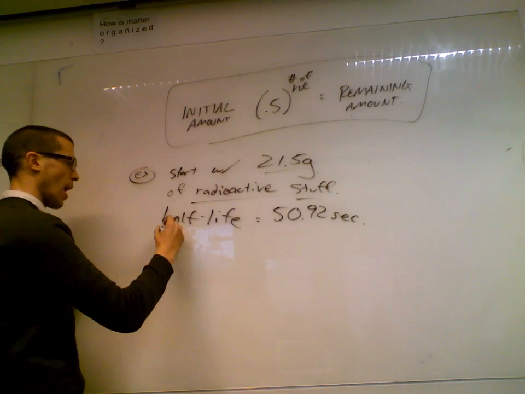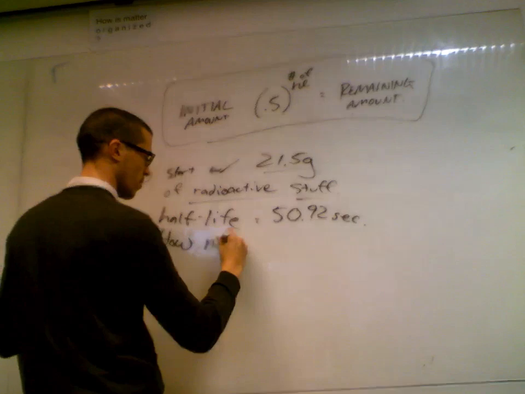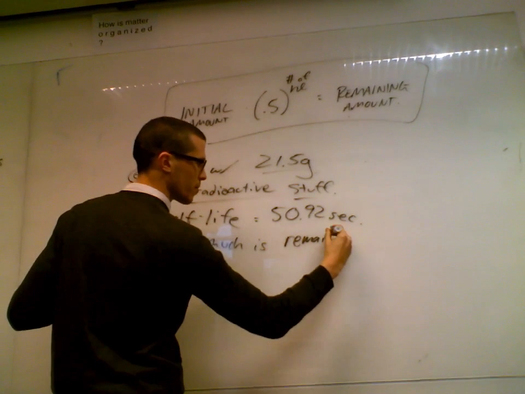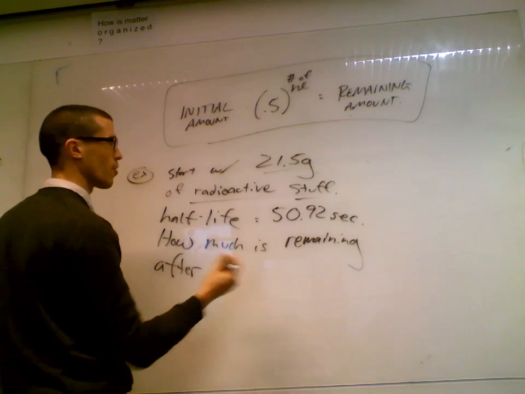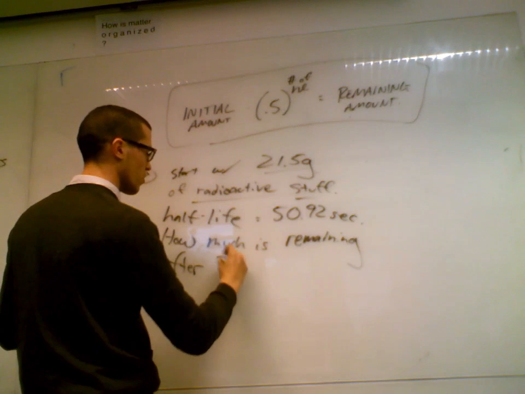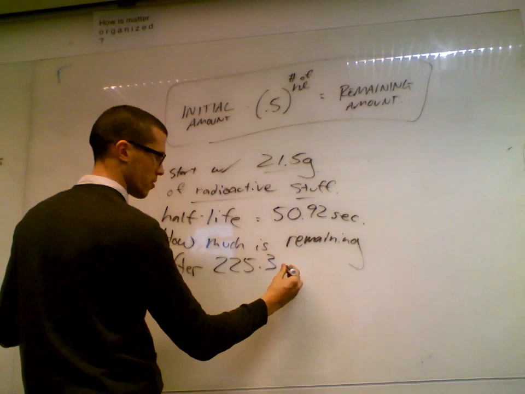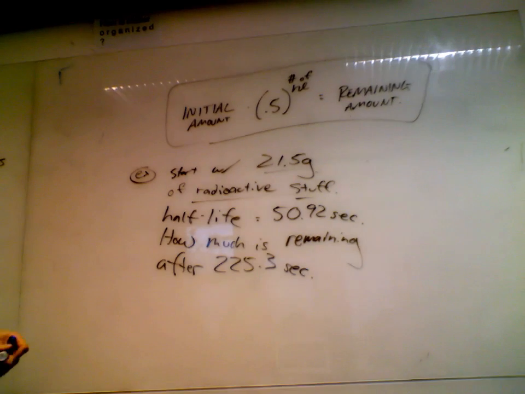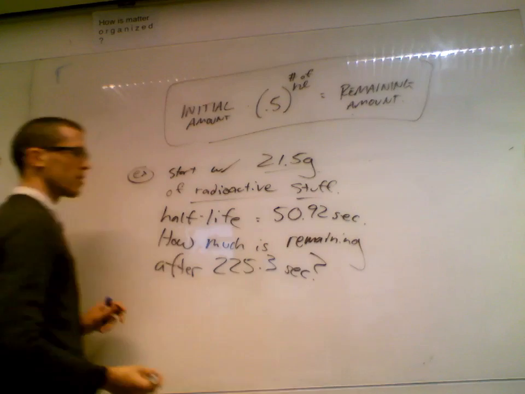So the question is, how much is remaining after, let's say, I'm going to make this easy, 225.3 seconds. I could convert that into minutes if I wanted to, but I chose not to, just to make it easier. So how much is remaining after that many seconds?